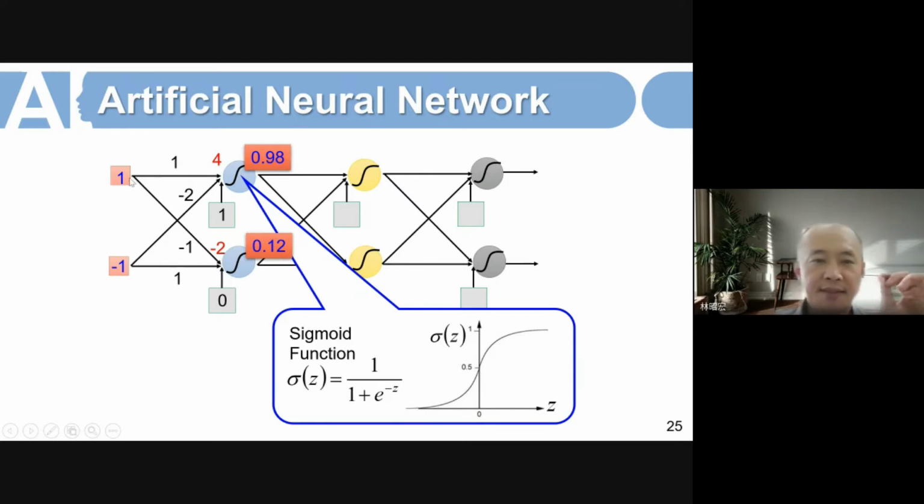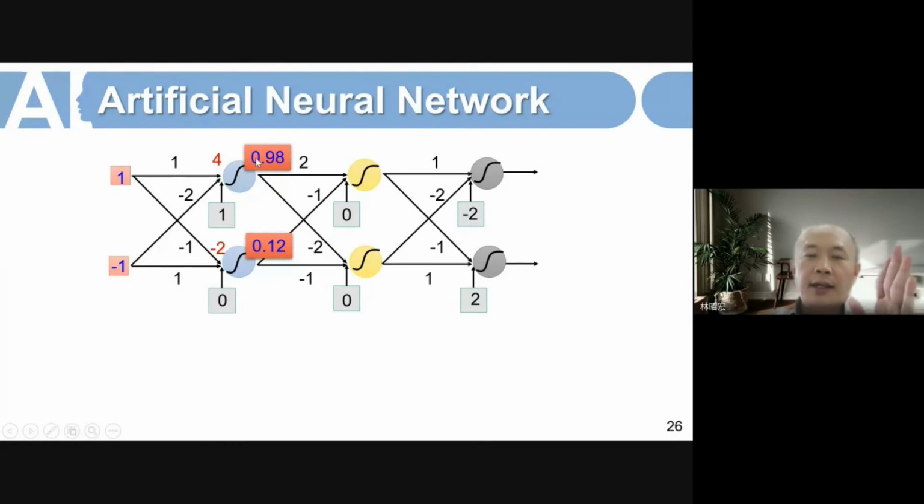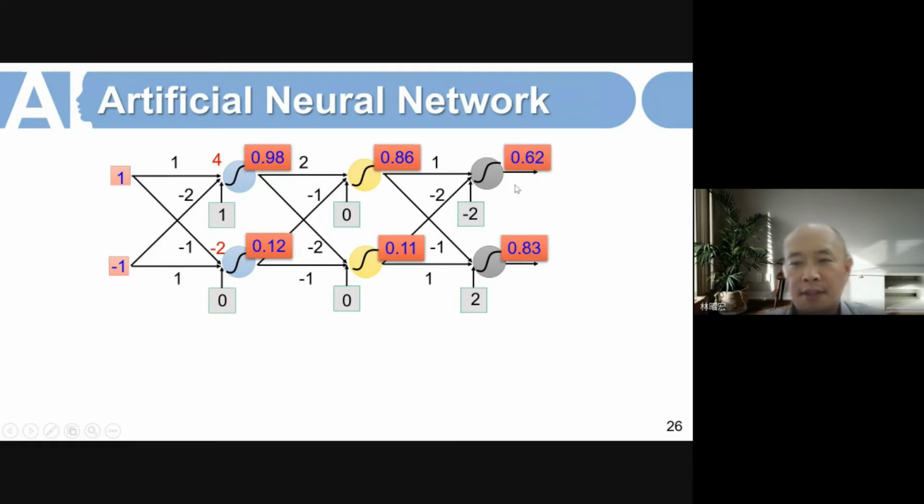The same process, 1 times -1 plus -1 times 1 plus 0. Then pass through the sigmoid function. Then the output of this layer becomes the input of the next layer. Then we can further get the output of these 2 neurons, and also the output of these 2 neurons. This is the data process of the neural network.